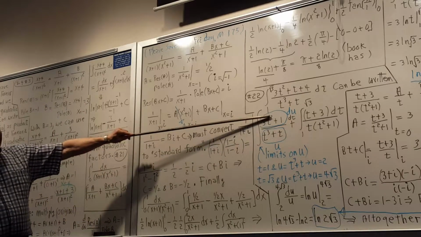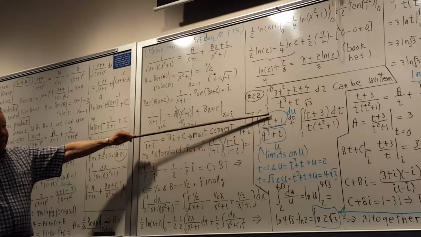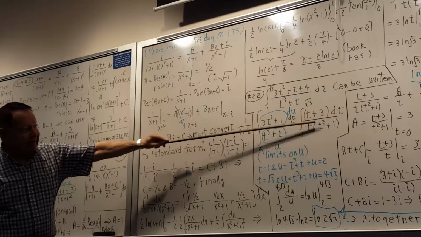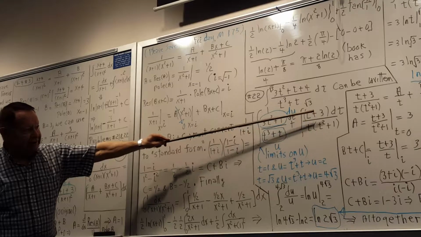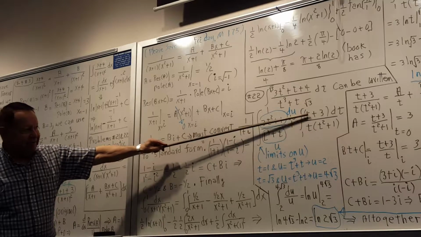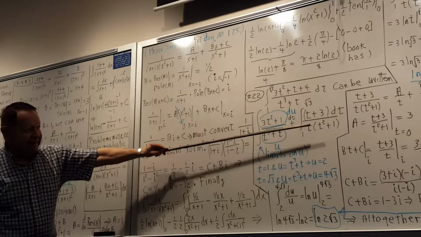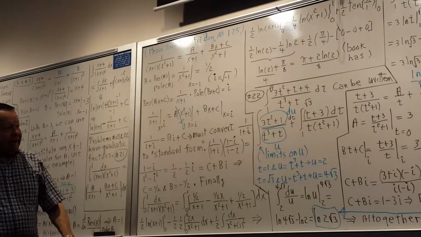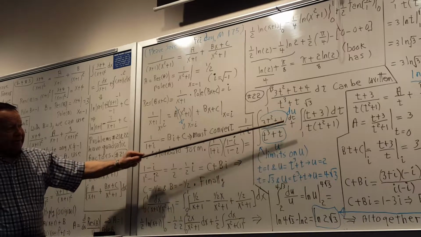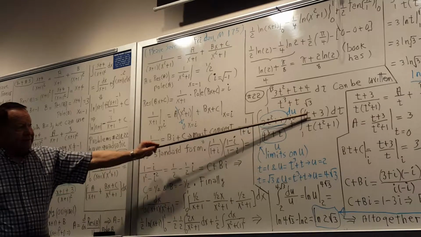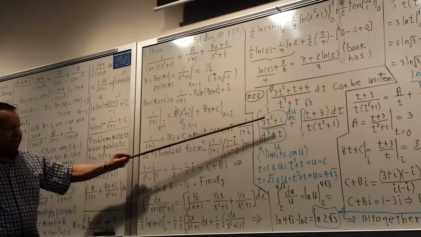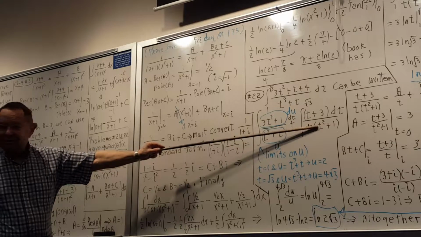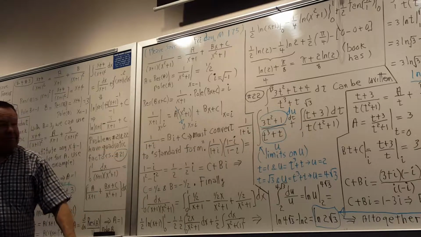So you could get this integral without worrying about partial fractions, and then worry with the partial fractions for this fraction, t plus 3 over t times t squared plus 1. The advantage of doing that would be that this is first power instead of square, and so your fractions are going to be simpler things to manage.